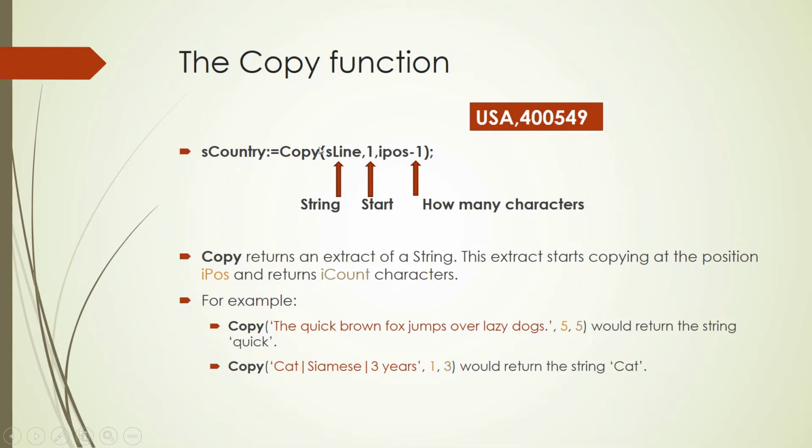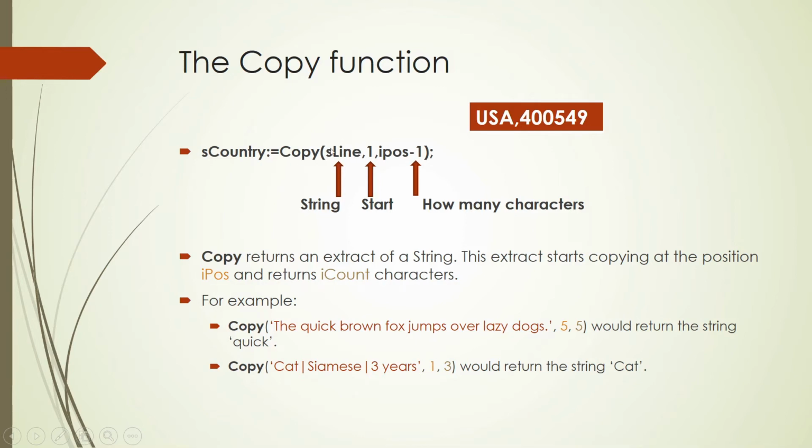So using copy and using this example, I want to copy from the first line of the text file the country name. I want to copy part of a given string. So let's see how we're going to use copy.